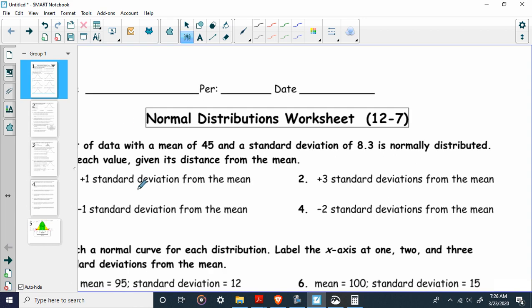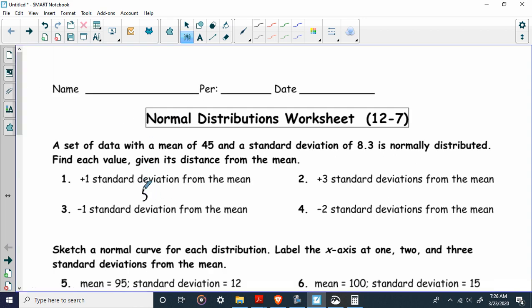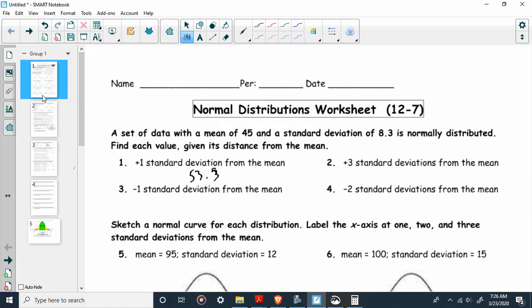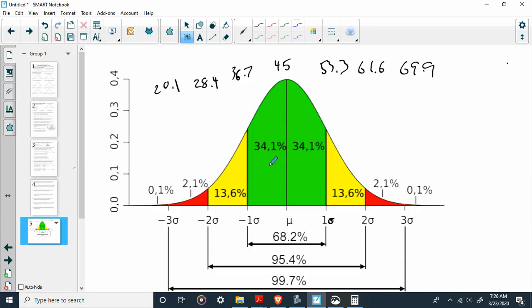53.3. So plus 1 standard deviation would be 53.3. Plus 3 standard deviations, we say, well, here's plus 1, plus 2, plus 3.